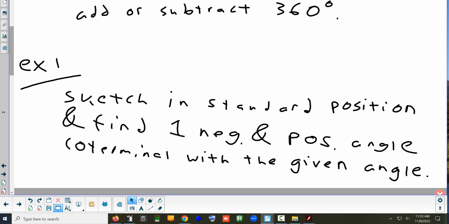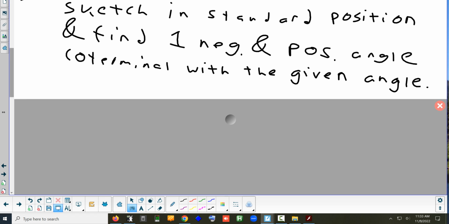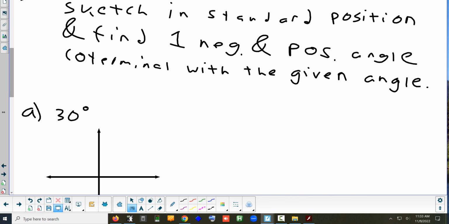Alright, so for this problem, they want us to make a sketch and find an angle that's coterminal with the one I give you, that's positive, and then find an angle that's coterminal and negative. Alright, 30 degrees. So initial side, you're going to put that on the positive x-axis.